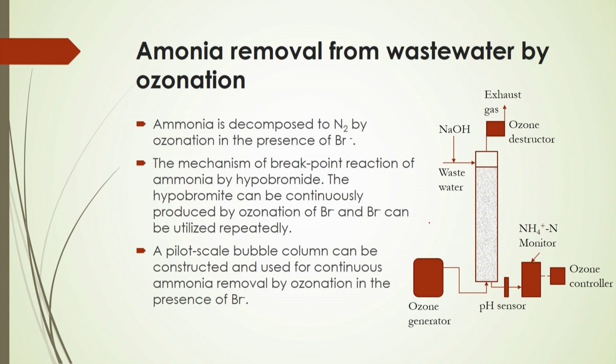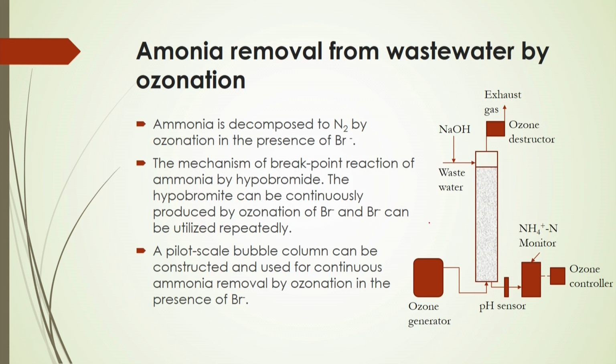Now, the mechanism of the breakpoint reaction of this ammonia by hypobromite is that hypobromite can be continuously produced by ozonation of bromide, and bromide can then be utilized repeatedly for further ammonia decomposition.